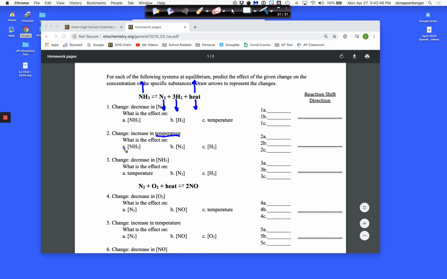And so then what is the effect on NH3? Well, NH3 is going to go up. What is the effect on N2? It will go down. What is the effect on H2? It will go down. Now, what direction did the equilibrium shift? Well, which side went up? Well, this side went up, so that would be a shift to the left. And you'll just continue on with the rest of those.